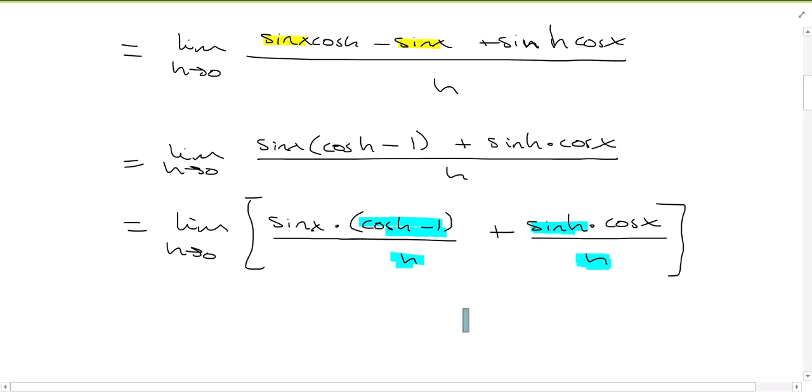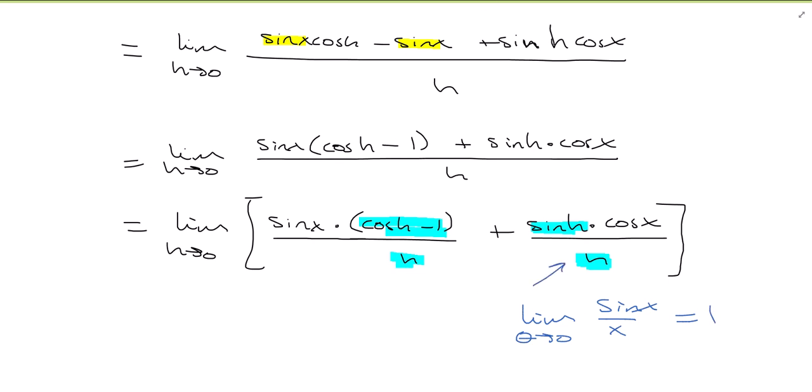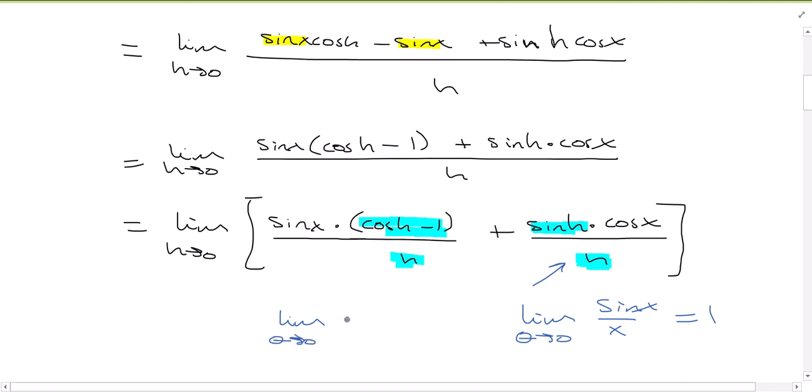the limit as theta goes to 0 of sine theta over theta is 1. And so we can use that limit here. Now this limit is a little bit different. The one that I know is that the limit as theta goes to 0 of 1 minus cosine theta over theta is 0.